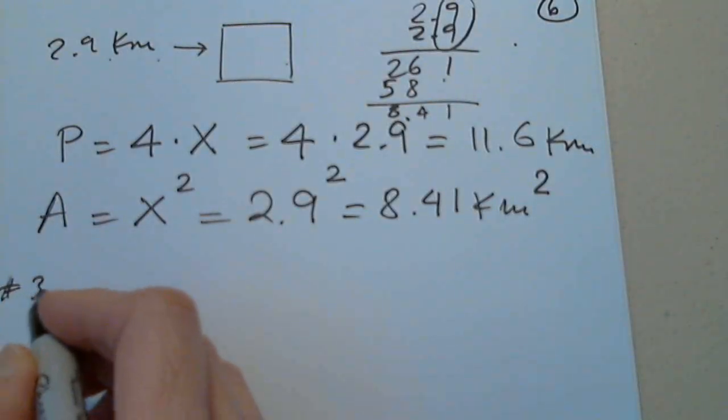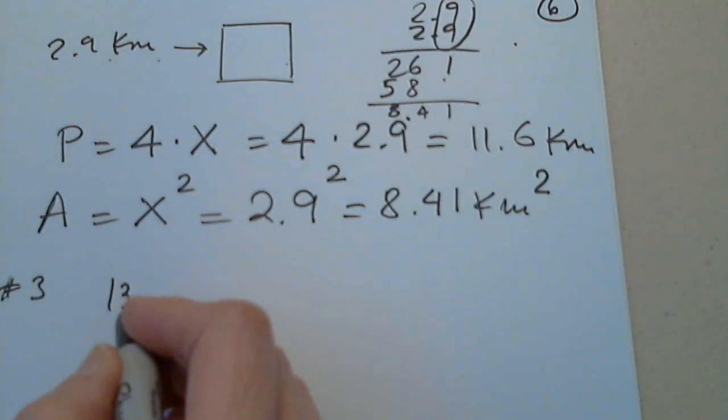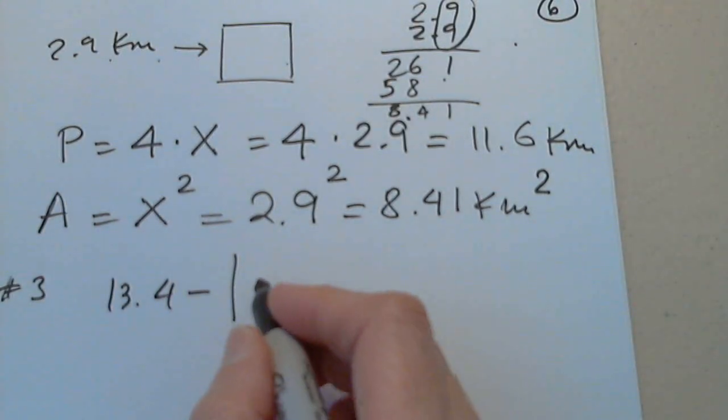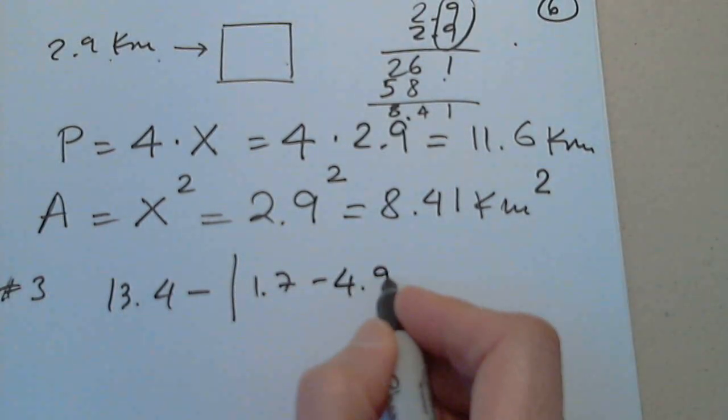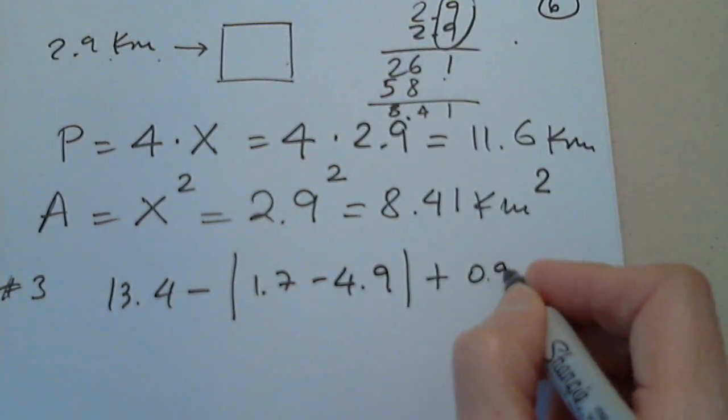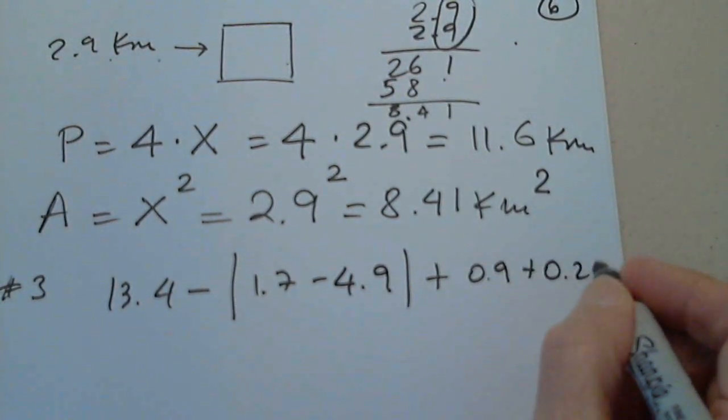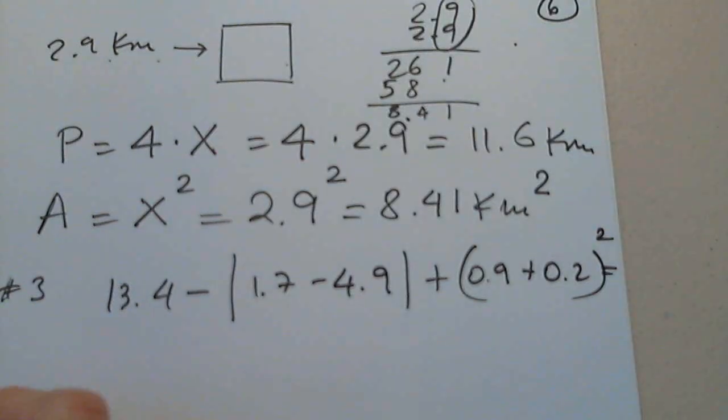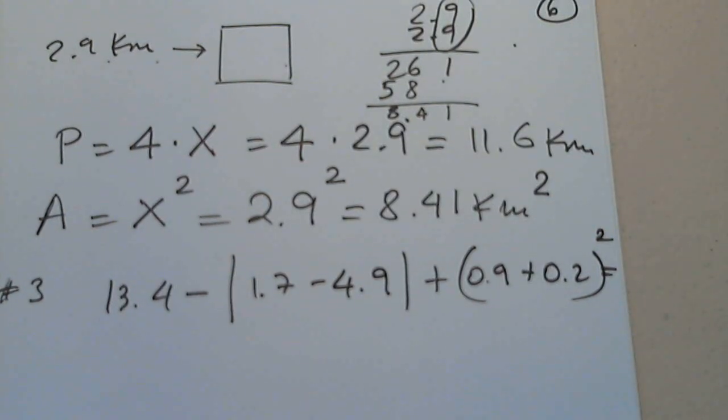So in 3, we have 13.4 minus the absolute value of 1.7 minus 4.9, plus 0.9 plus 0.2, everything squared. Good. Can anyone tell us where is the starting point?